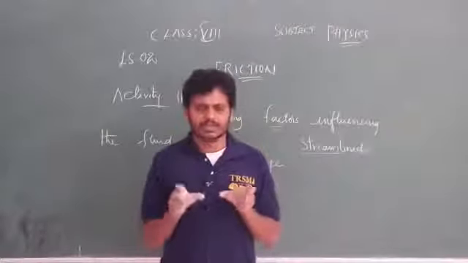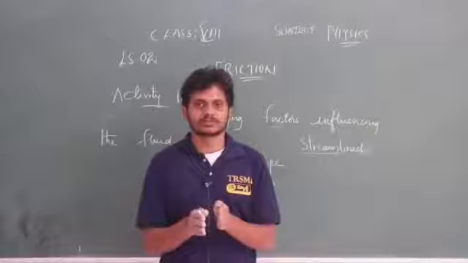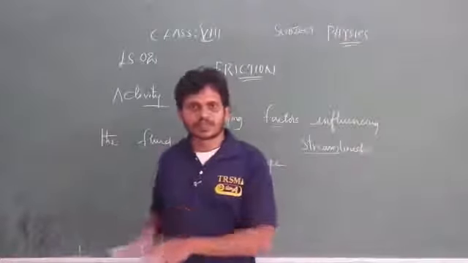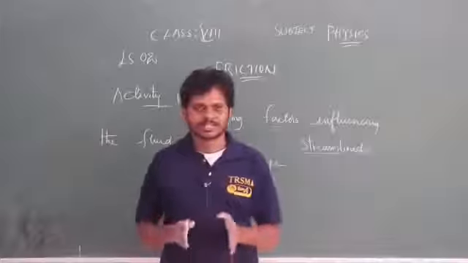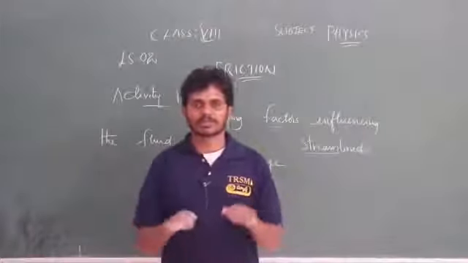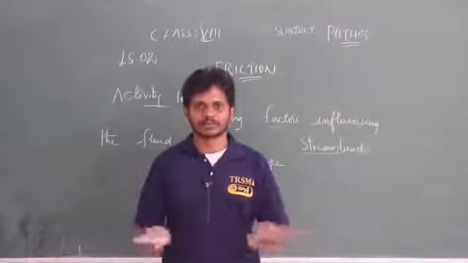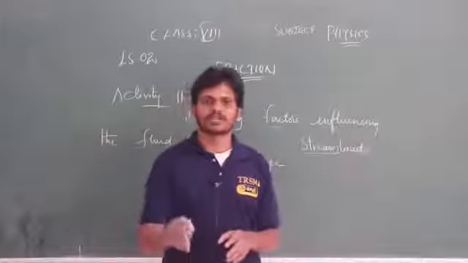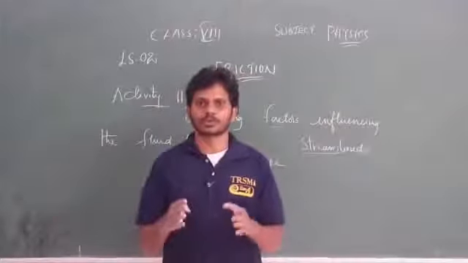Think of a ship moving further with the help of its engine. Once the engine is stopped, does the ship move further or does it stop? After some time we observe the ship stops, it comes to rest. What makes it come to rest? The fluid friction makes that ship come to rest.